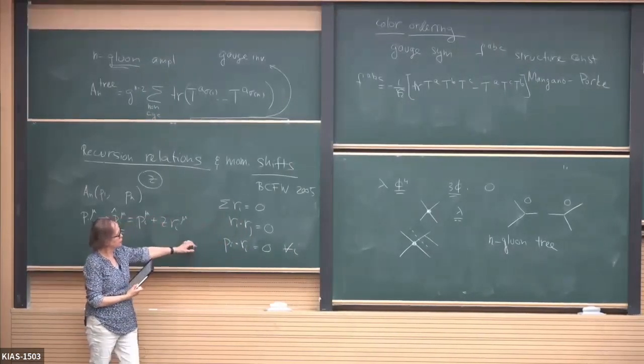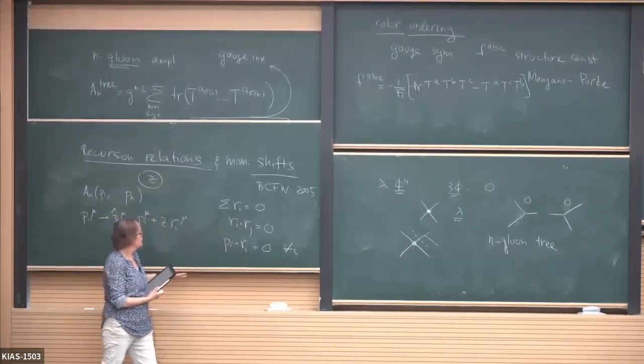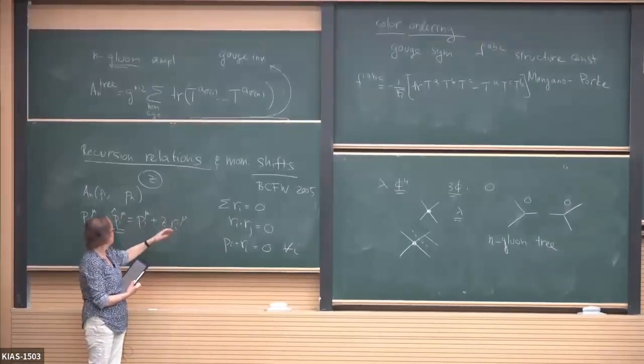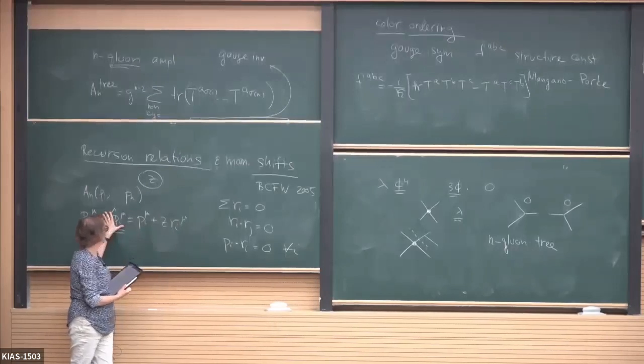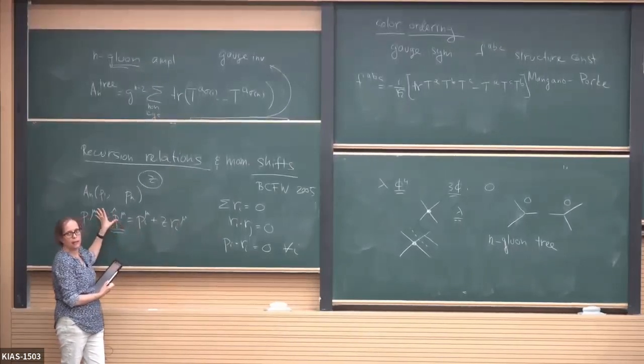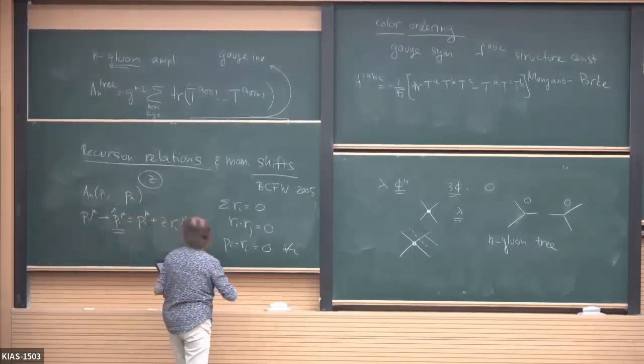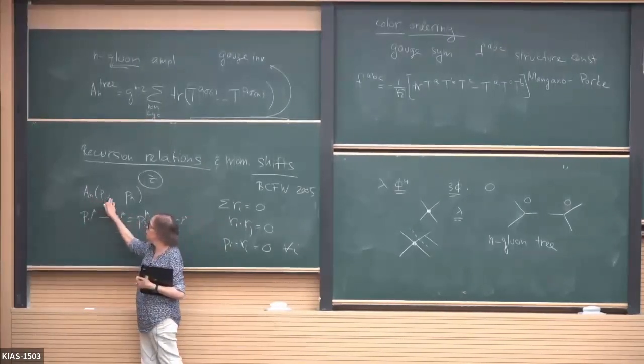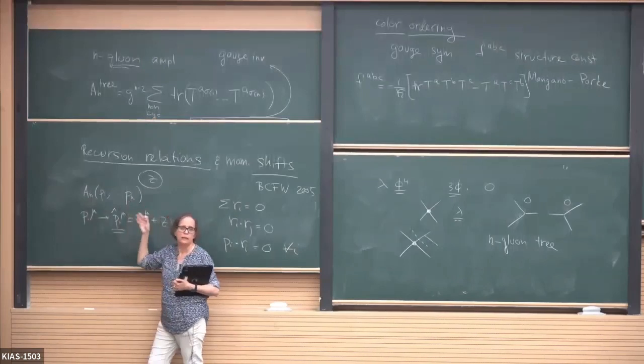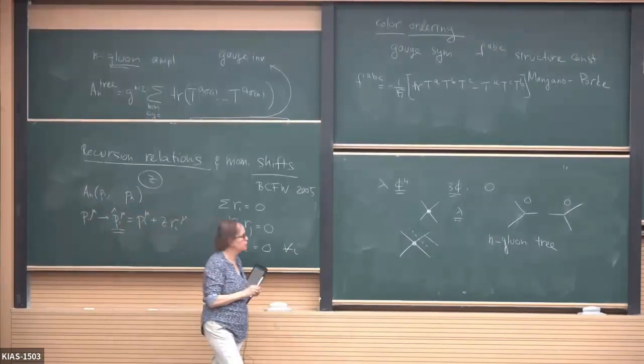So this is not a sum, this is for each one of the i's. Provided that we have all these, then these are light-like, we have momentum conservation, and we can think about the amplitude in terms of the shifted momenta as an on-shell amplitude.